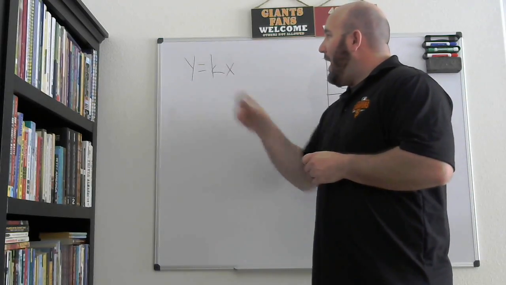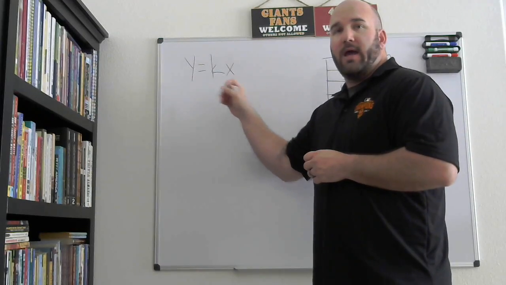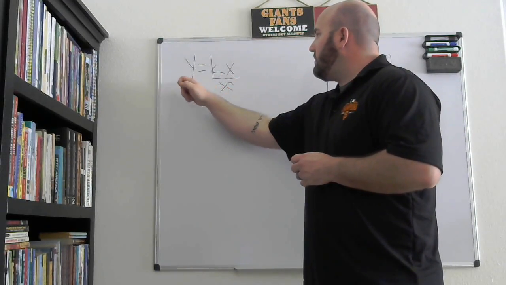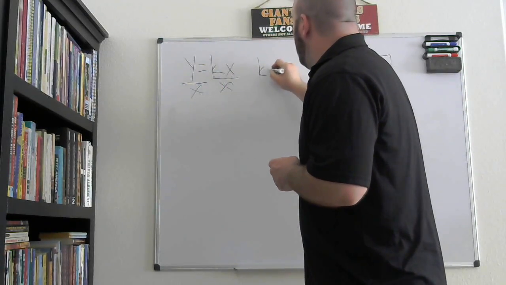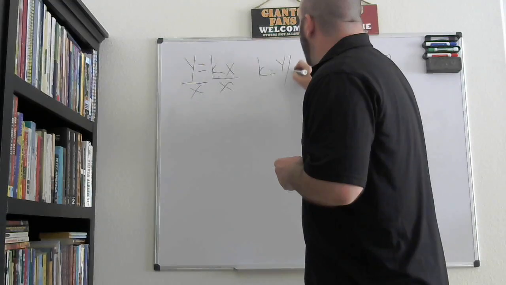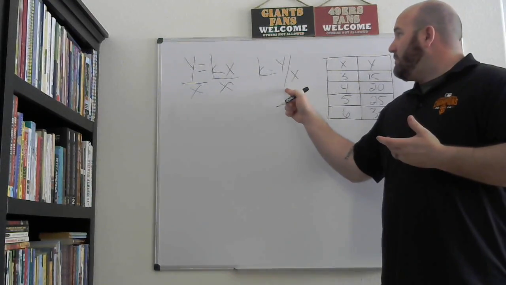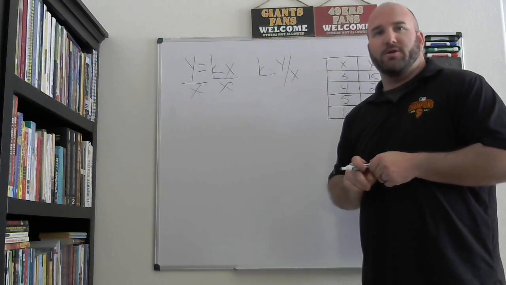Well, if y equals kx, how do we find k? Well, we divide by x, divide by x. So k equals y divided by x. We need that in order to find our direct variation equation.